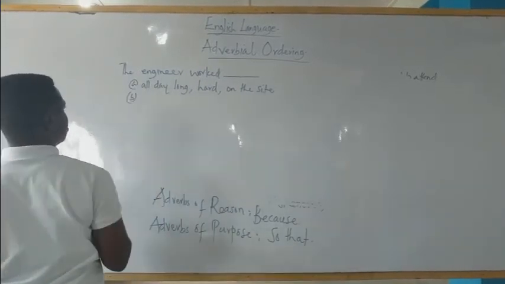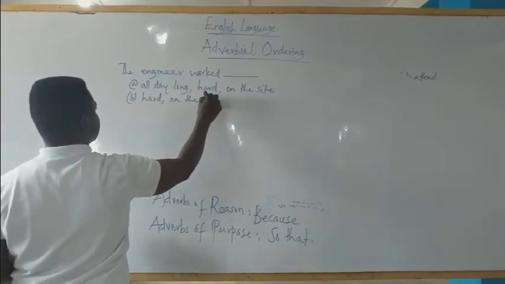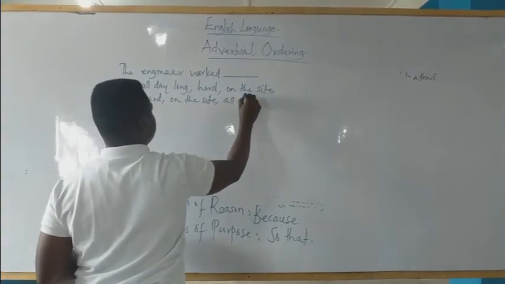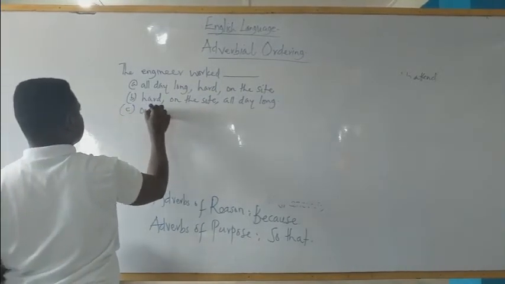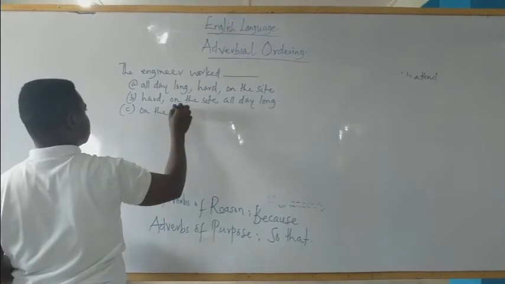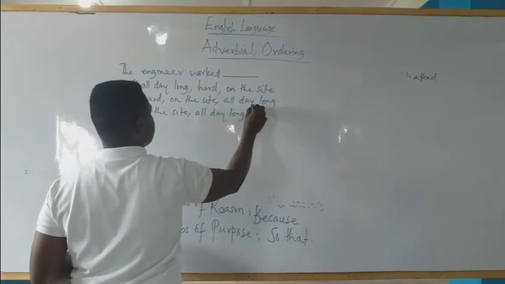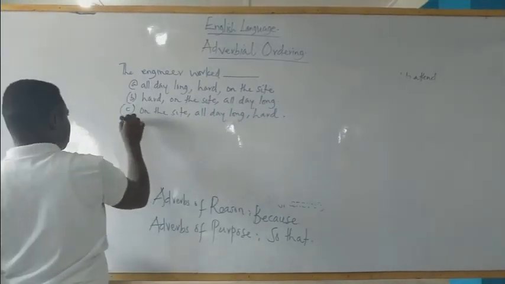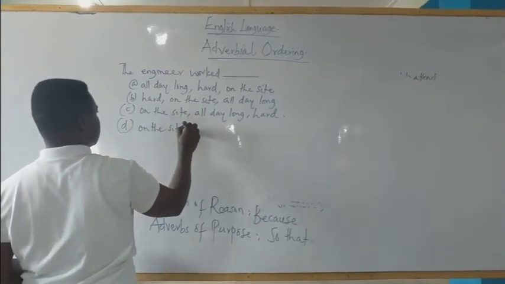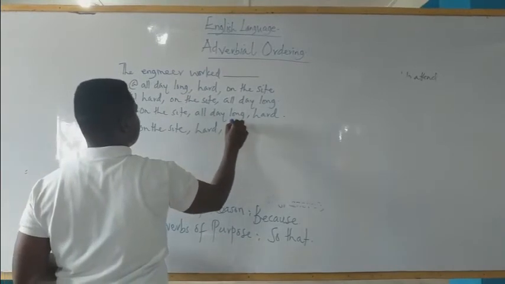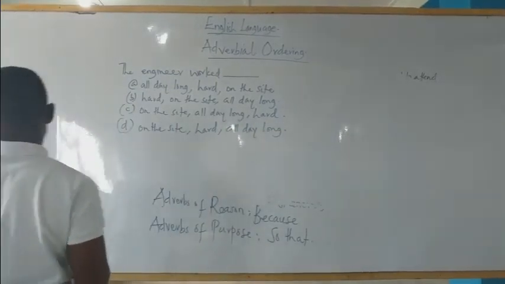Option B, worked hard on the site all day long. Option C, worked on the site all day long hard. Option D, worked on the site hard all day long. That's example 1.